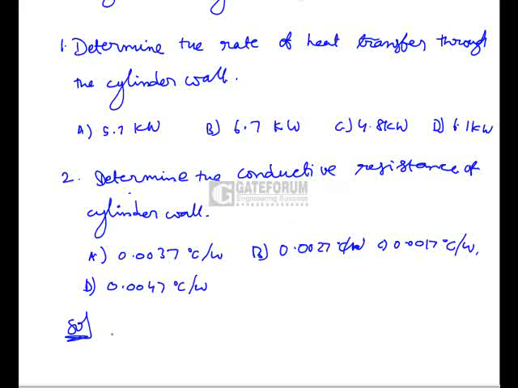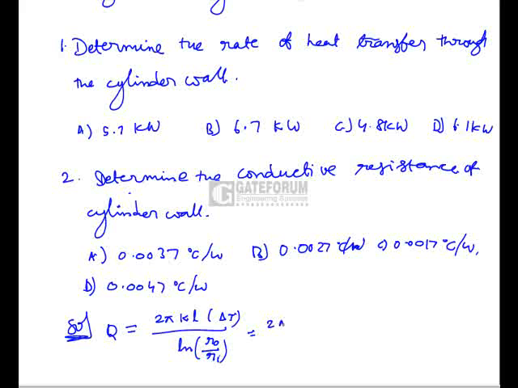So here the rate of heat transfer through the hollow cylinder is given by 2 pi K L into delta T by Ln R0 by Ri, where R0 is the outer radius and Ri is the inner radius. Here K is the thermal conductivity, L is the length of the cylinder, and delta T is the change in temperature between the inner and outer surface. Here all the values are there.